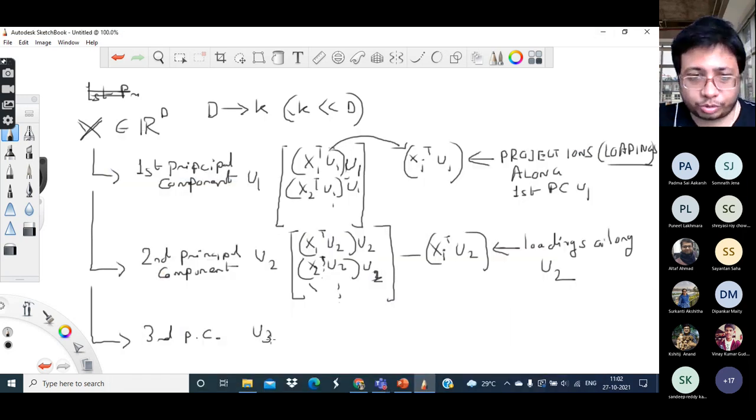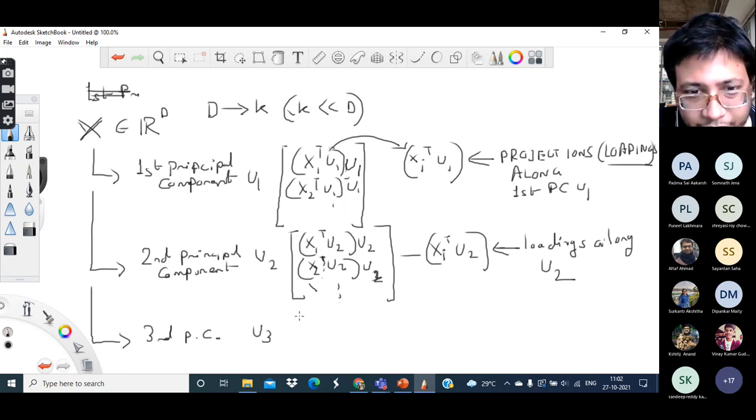So similarly, just like I have shown, we have already seen the first and second principal components. If I want, I can go for the third principal component also, fourth, fifth, sixth, all the way up to the kth principal component. All of them are defined in the same way as the successive singular vectors of x.